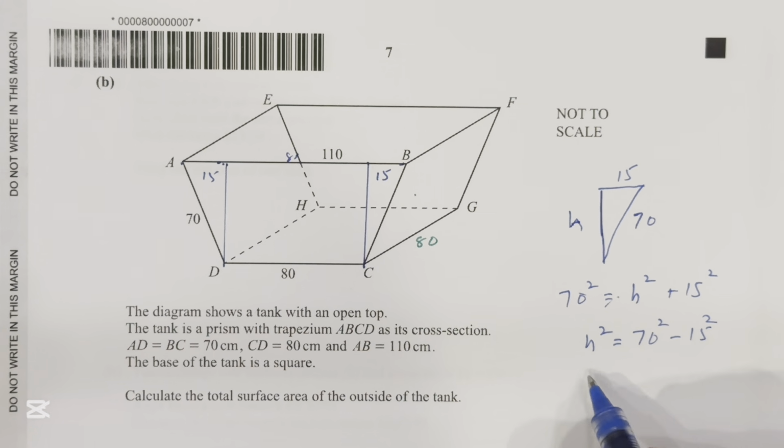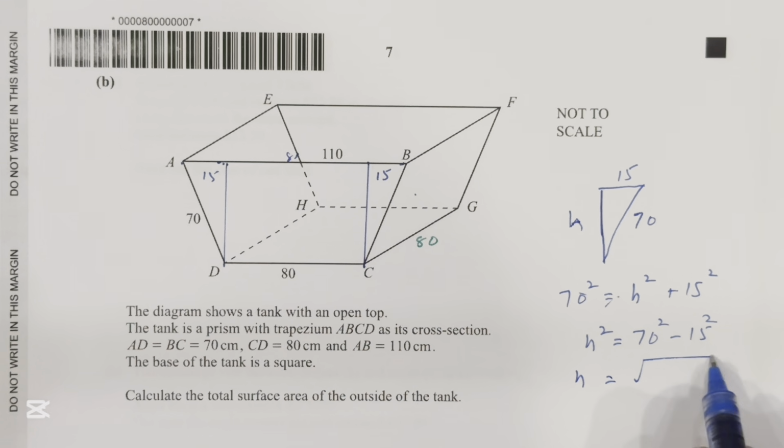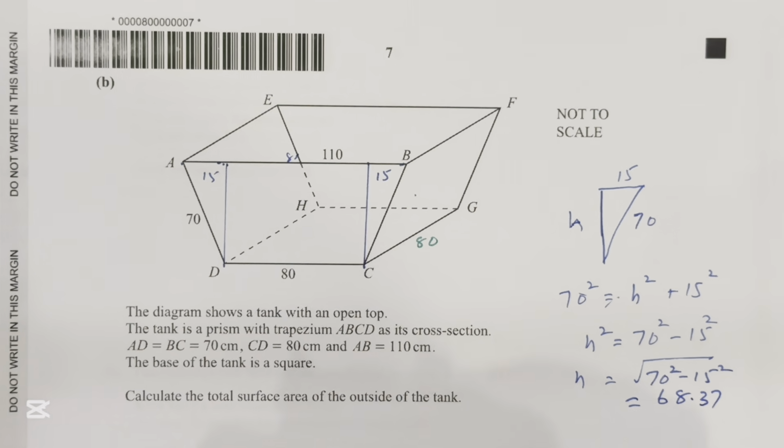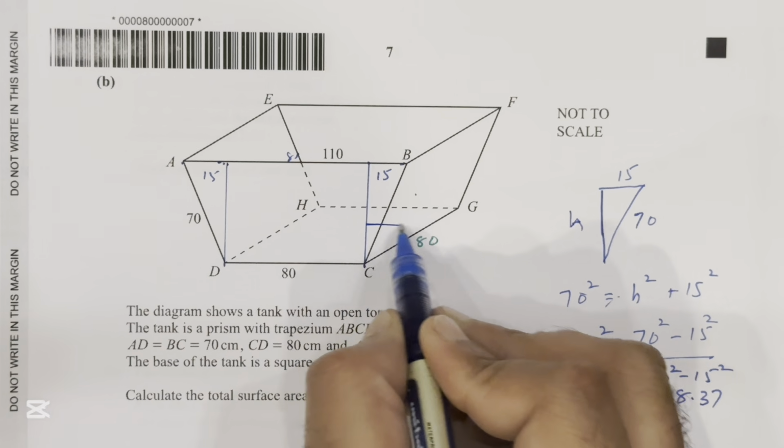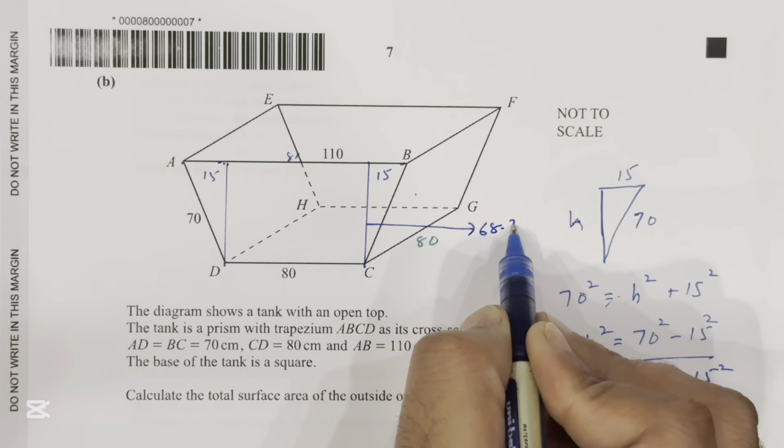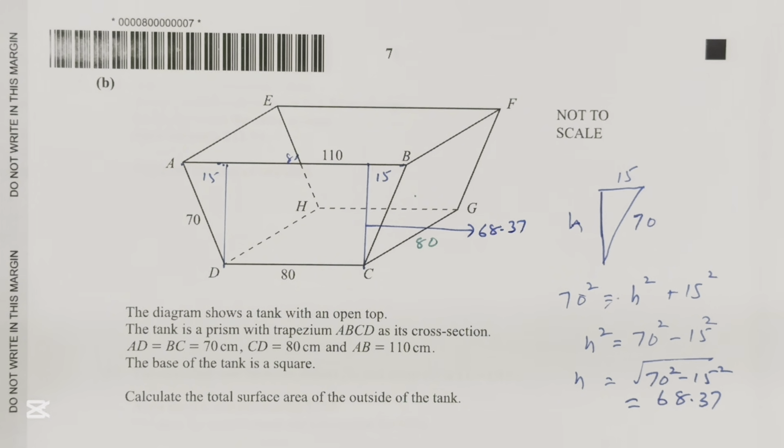Take the square root of it, so you would get your final answer 68.37. So it would be the height of this shape, 68.37 for the trapezium.